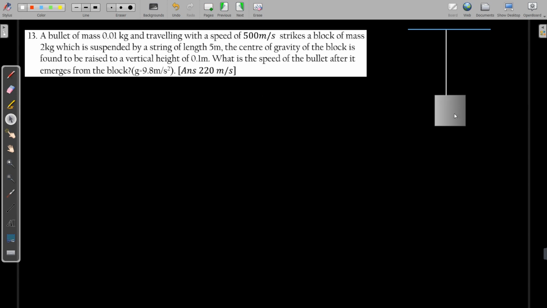Now a small bullet hits this. As a result, this block moves to a height like this.